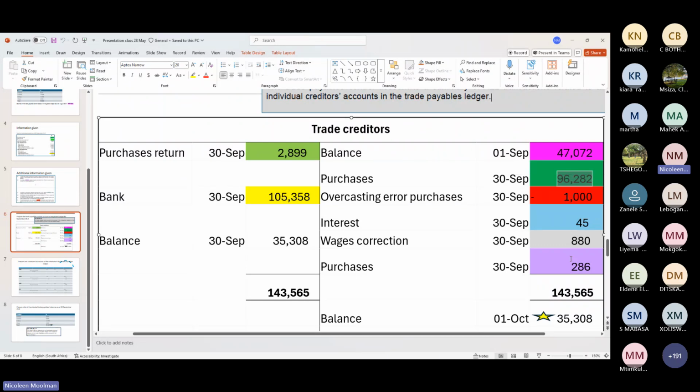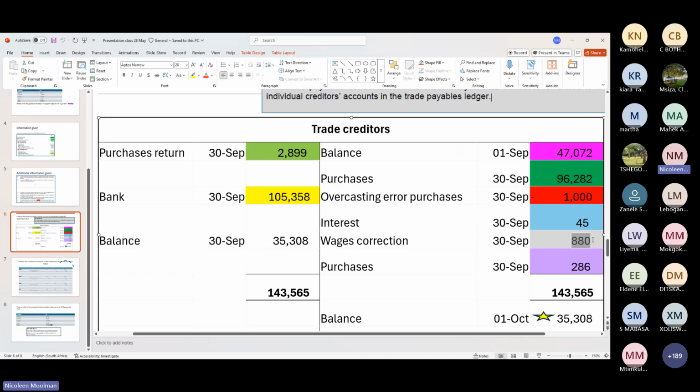But the 286 is an actual accounting entry, and the other side of this entry would probably have been inventory. It depends on what we bought. If it was inventory or stationery or any other expense that we bought on credit, the debit would be either an expense or inventory.